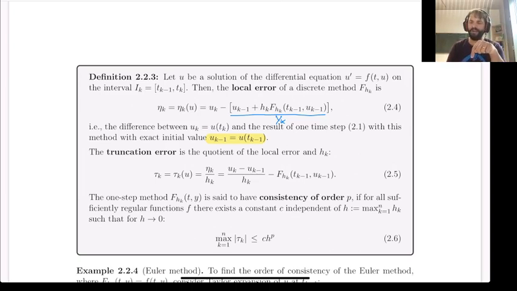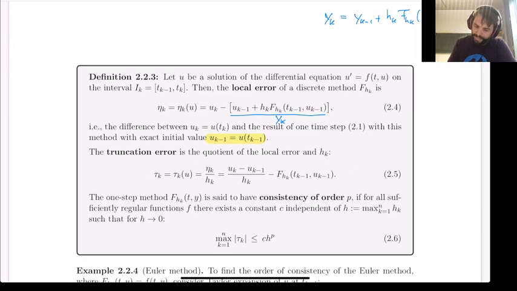What the truncation error really is defined to be is how much the true solution does not satisfy the scheme. So the scheme is y_k equals y_{k-1} plus h_k f_{h_k}(t_{k-1}, y_{k-1}).